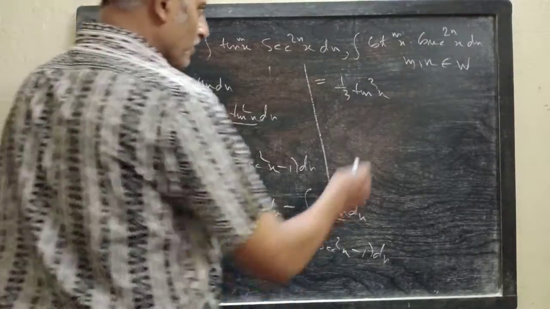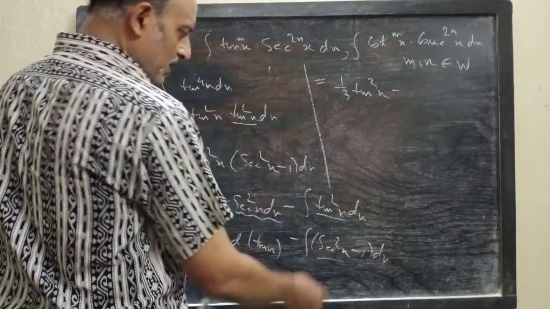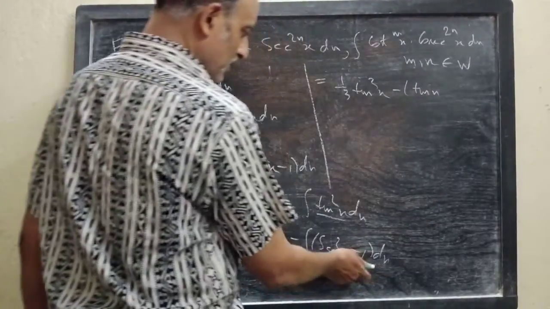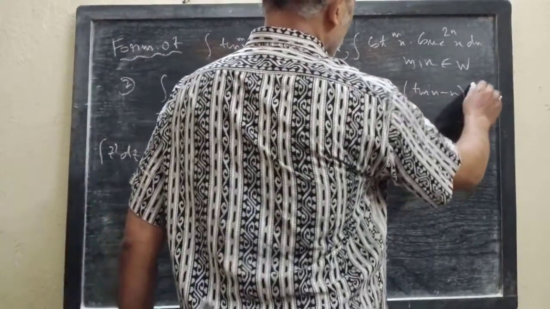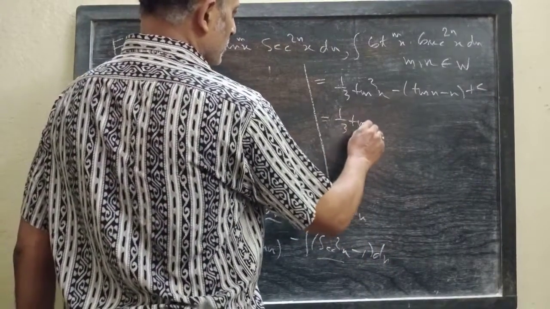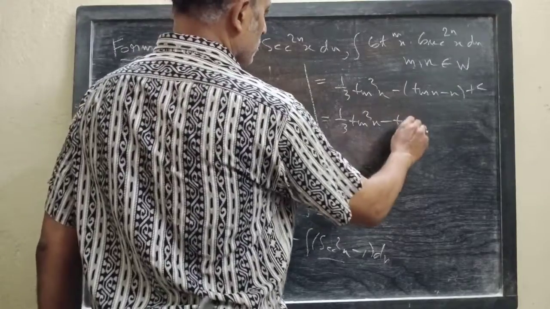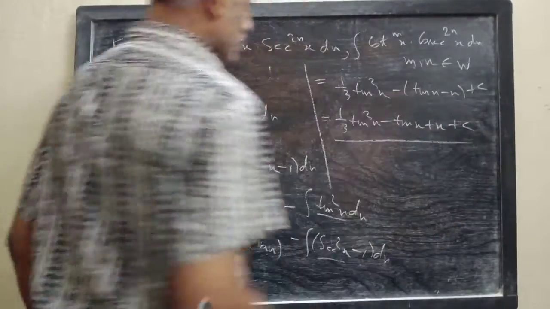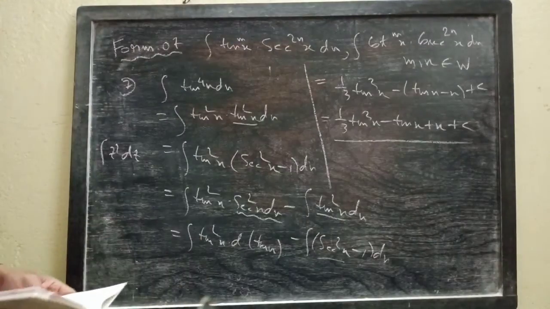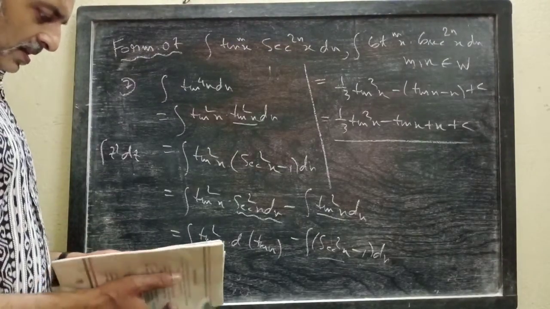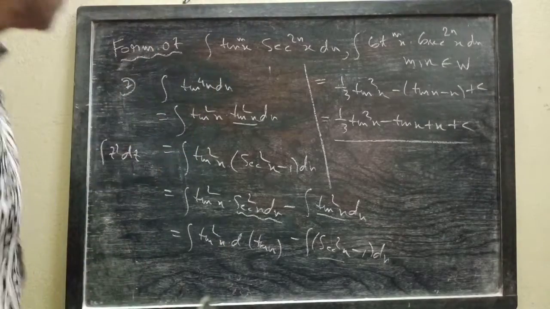Then here minus integration of sec square x, which is tan x, and integration of 1 is x plus c. So finally you can write your answer in this way. This is your answer: 1/3 tan cube x minus tan x plus x plus c. Next question.